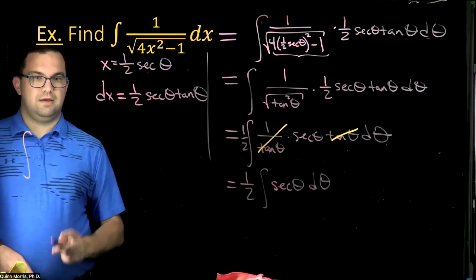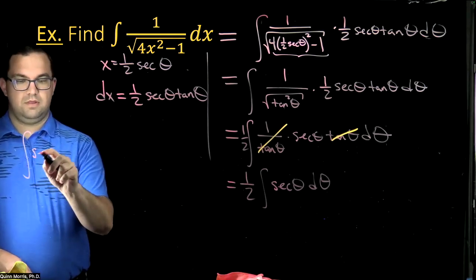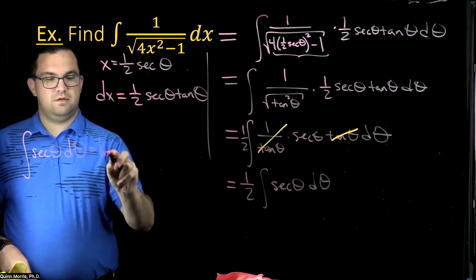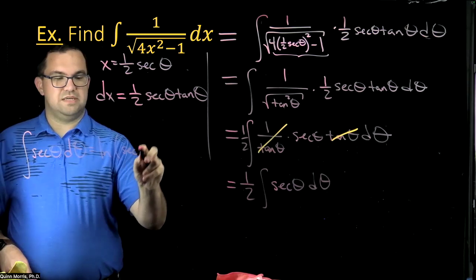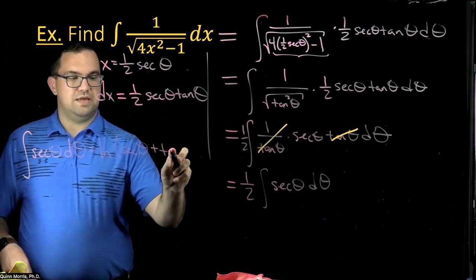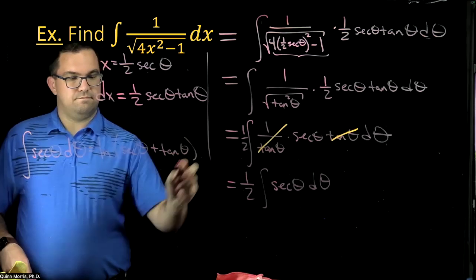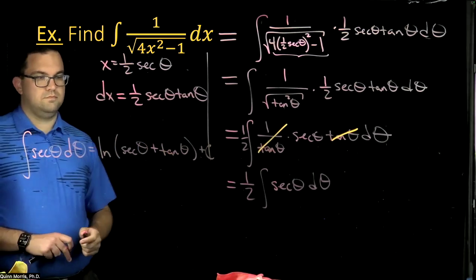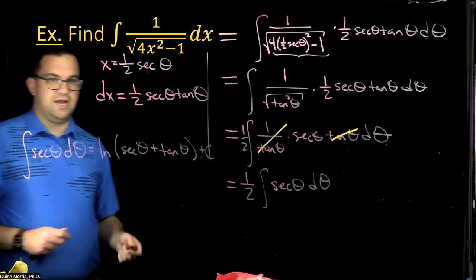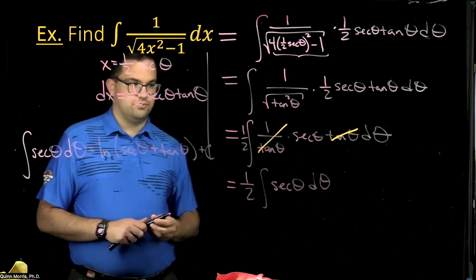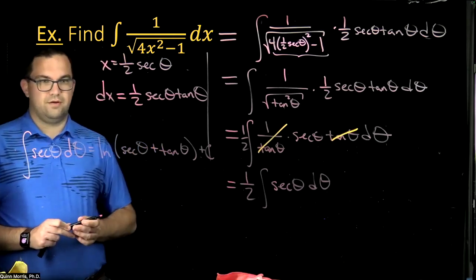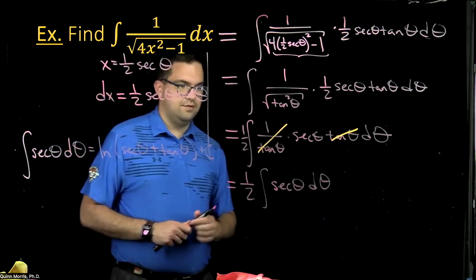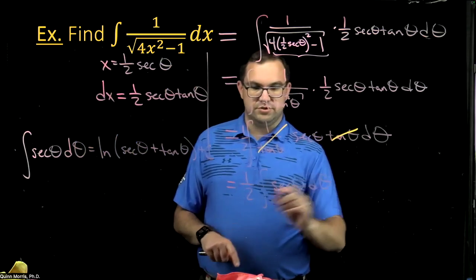So let me just tell you the integral of secant theta d theta is the natural log of secant theta plus tangent theta plus c. Of course, we could check this, and it requires some trig work, but you can check that this is valid. Let's just use the result here.